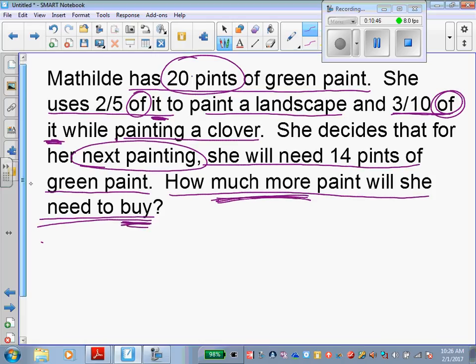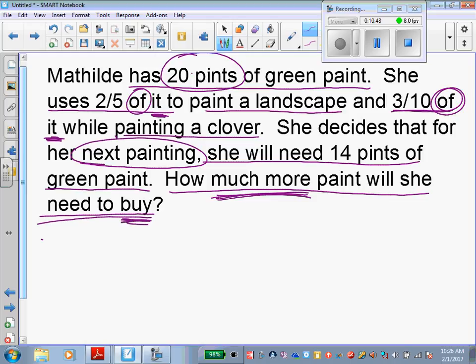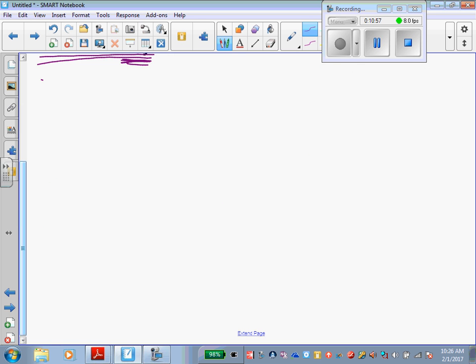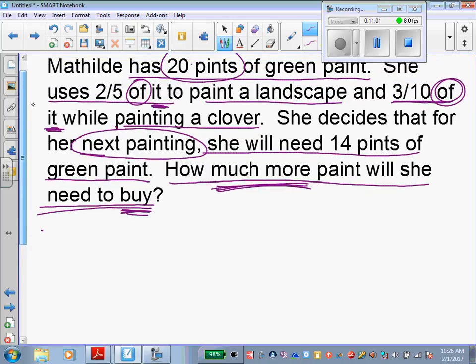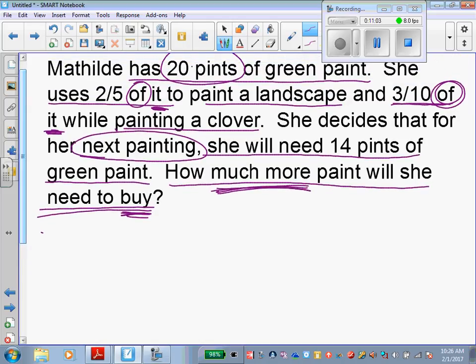What do I need to solve for first, Vinny? How much she uses for the landscape. Okay, because we're talking about multiplying, and for multiplying you don't need to find the common denominator.